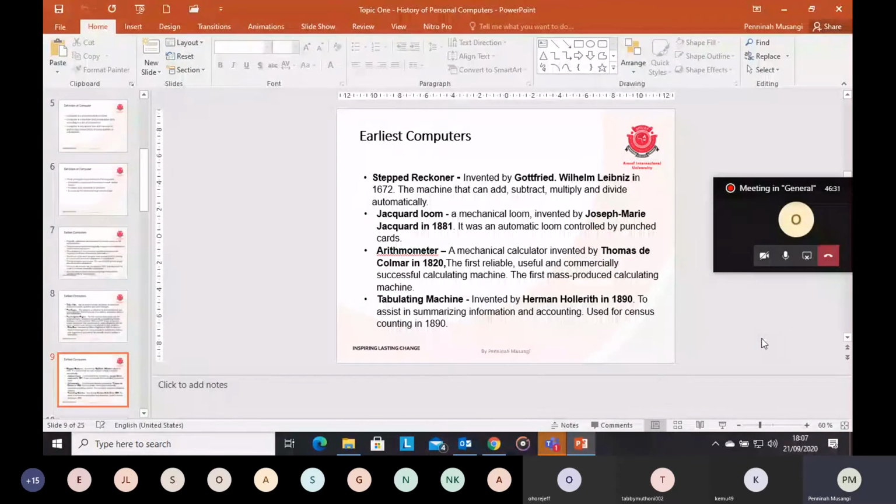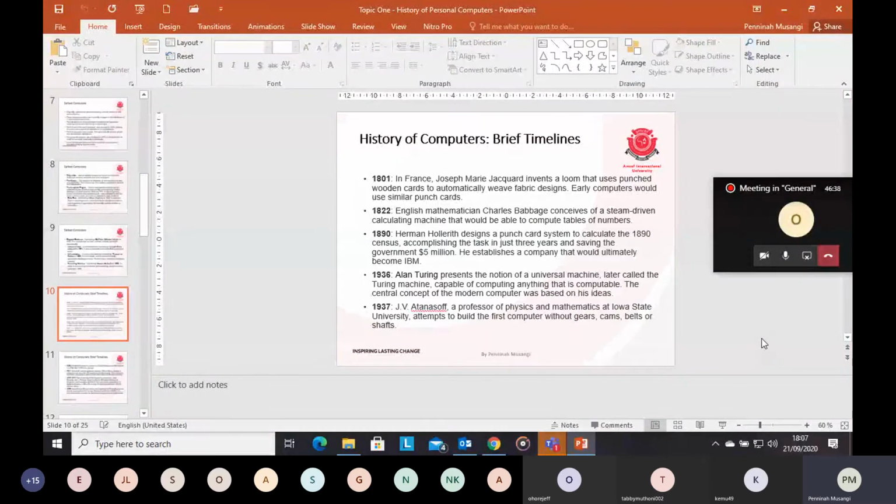So, a brief timeline in terms of the history of computers. We start with 1801. In France, Joseph Marie Jacquard invents a loom that used punched wooden cards to automatically weave fabric designs. As we have seen, most of the early computers used similar punch cards.